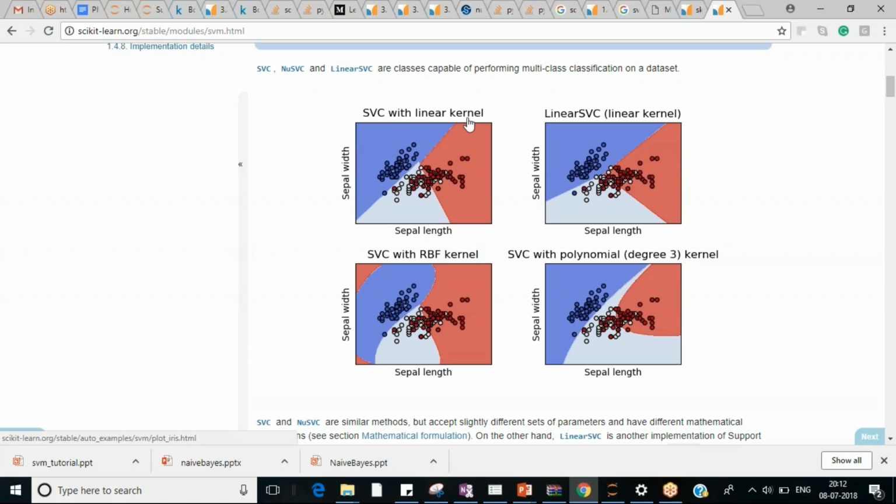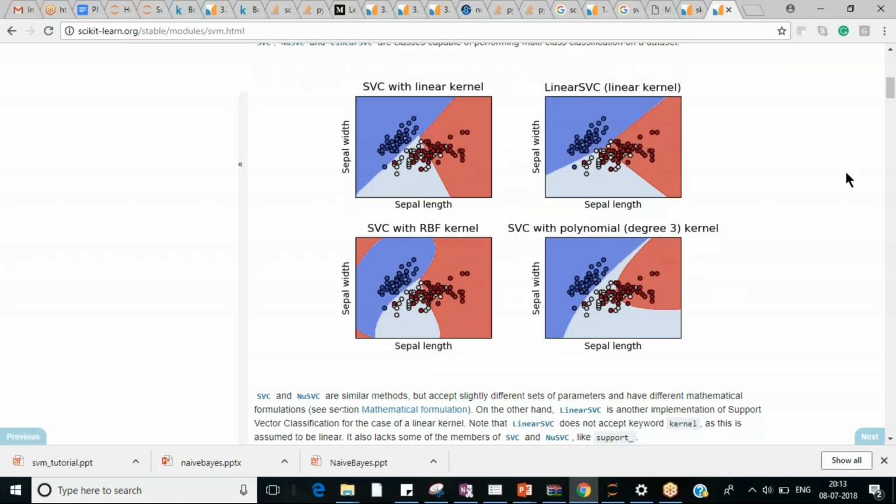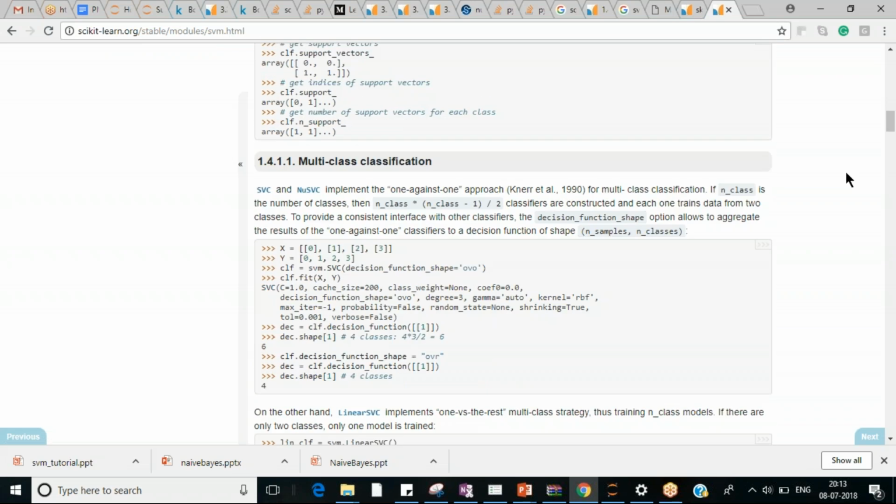So this is a linear kernel. This is an RBF kernel. See how your boundaries are curved now. This is a polynomial degree 3 kernel. You see how different kernels can classify your data better, right?